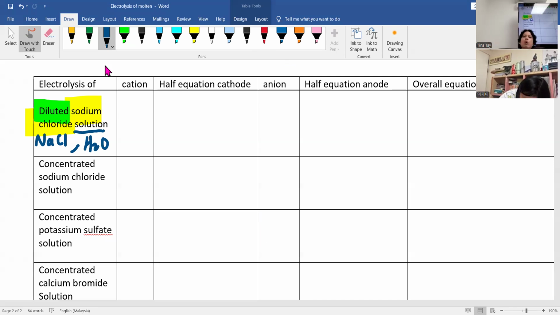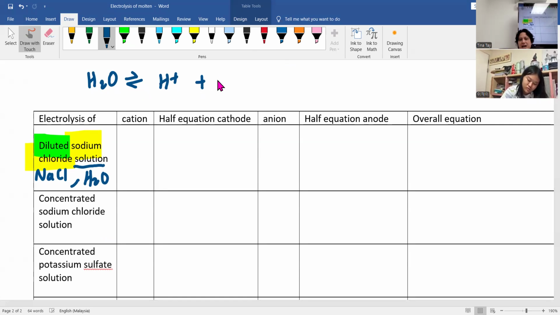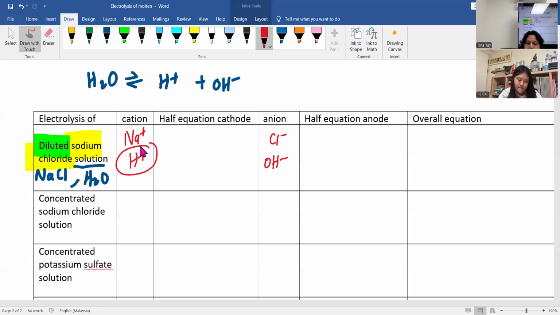So water gives me what ion? Water gives me hydrogen and hydroxide. Sodium chloride gives me sodium and chloride. So now in the solution, I got two cations, two anions. Choose H. Yes. So this one, I must choose H. Hydrogen ion becomes hydrogen gas.